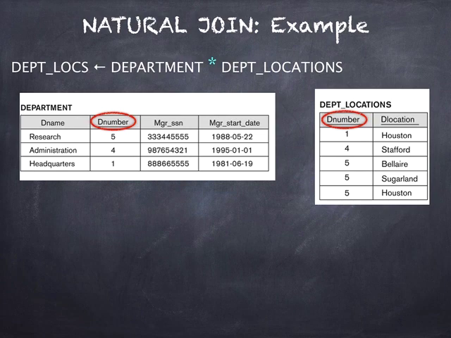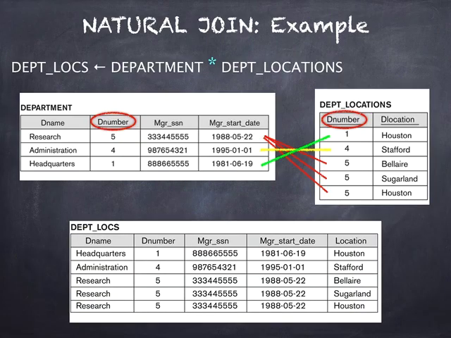So it will simply place the first record here in front of all department locations having the same D number, which is number 5, same for department number 4 and department number 1. The result would be a table with only one attribute called D number, and the other one that was supposed to be there in the place of the arrow would not be formed.